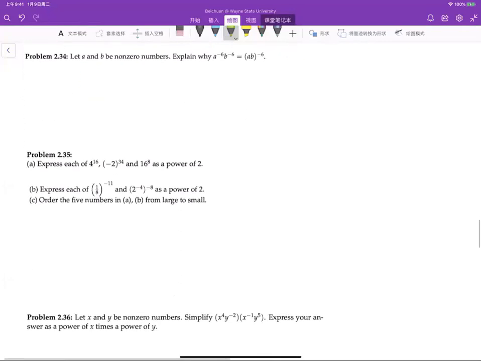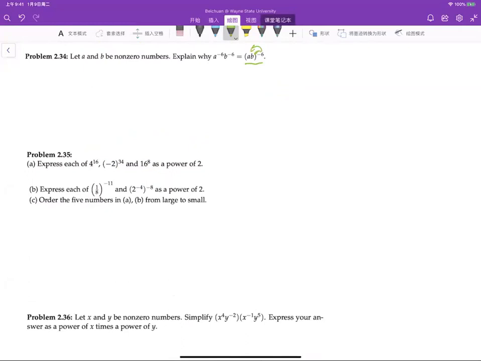Then let's look at 2.34. So let A and B be non-zero numbers, then explain why the two sides are equal. So this is somehow similar to a distributive law. So basically you're distributing the exponent. Right. So we like to see if we can distribute the exponents to all of the terms.